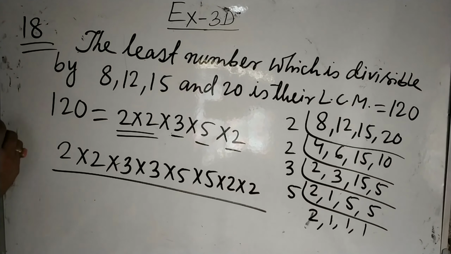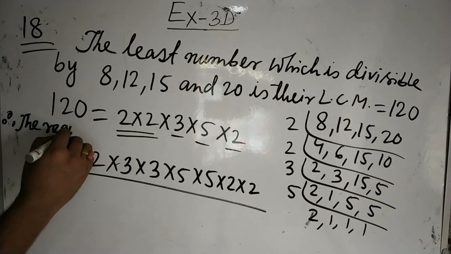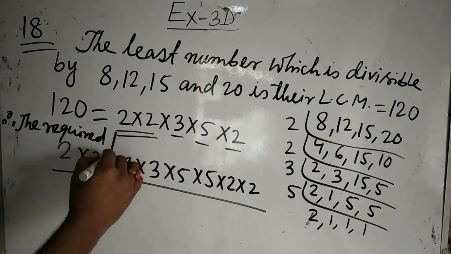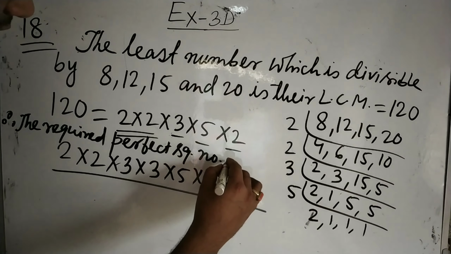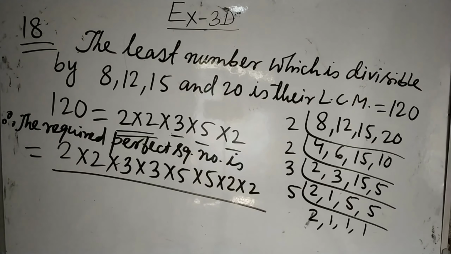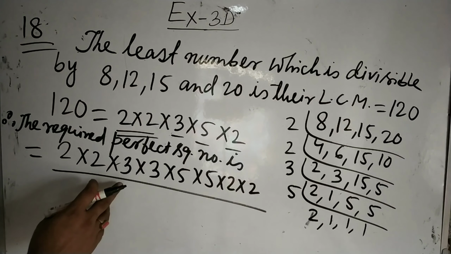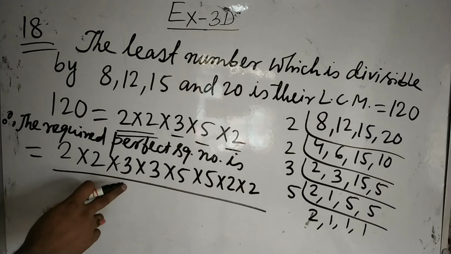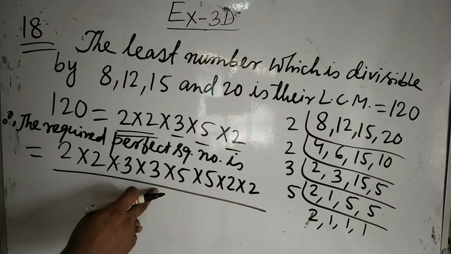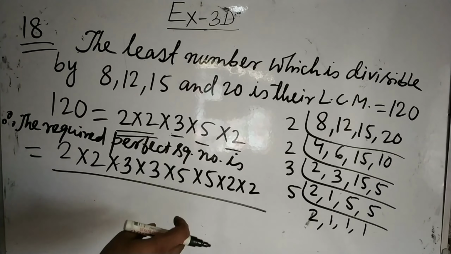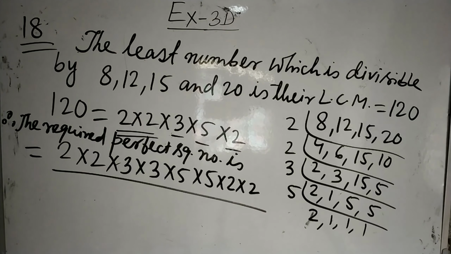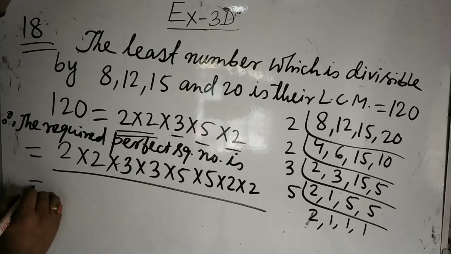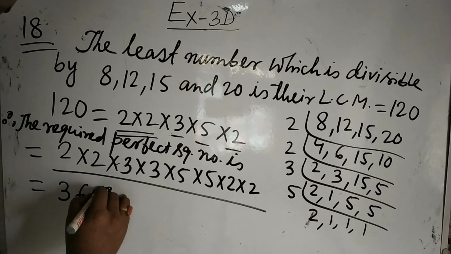Okay. Write down, therefore the required perfect square number is this one. So 2 2s are 4, 4 3s are 12, 12 3s are 36, and here 5 5s are 25, 25 into 4 is 100, 100 into 36, that is 3600.